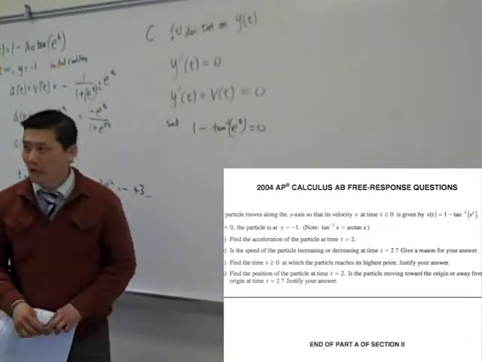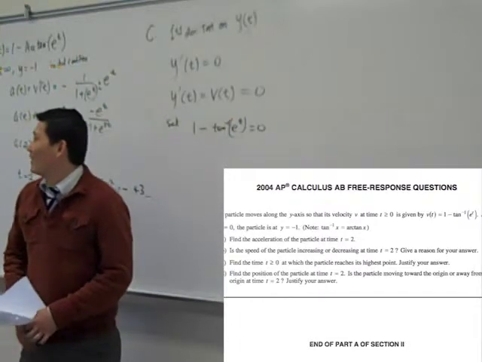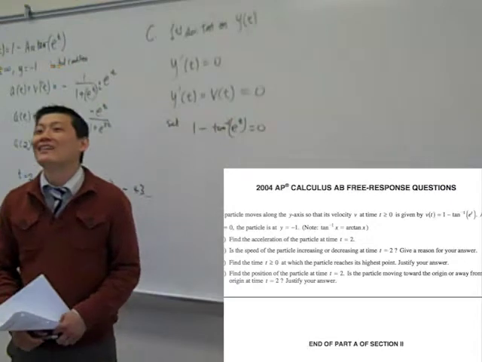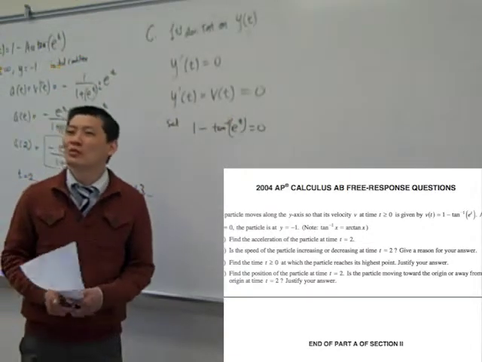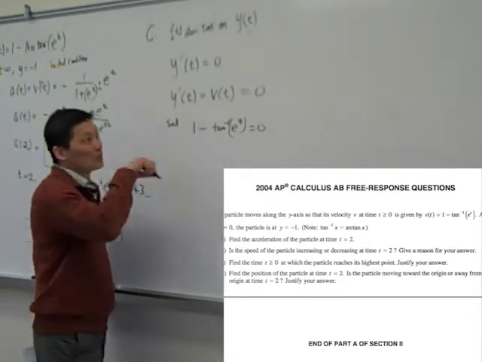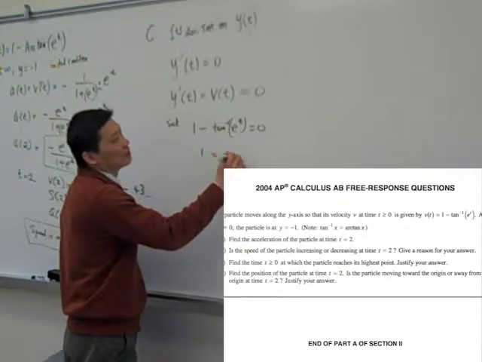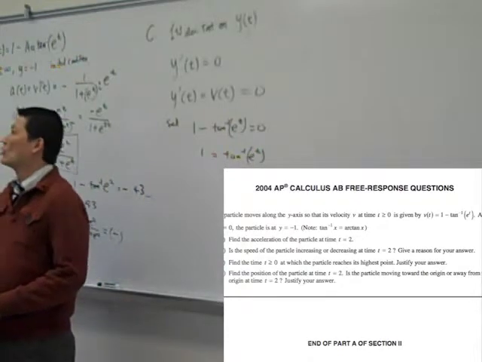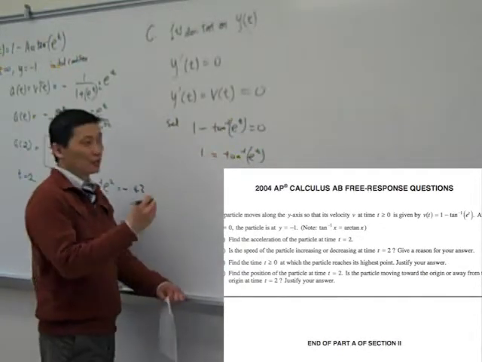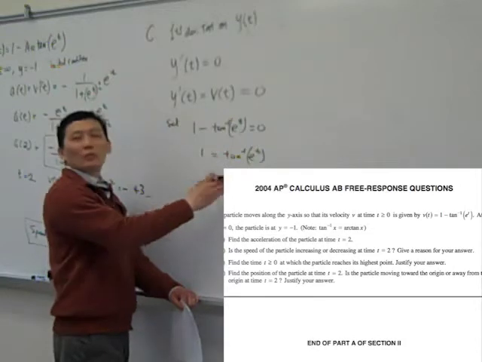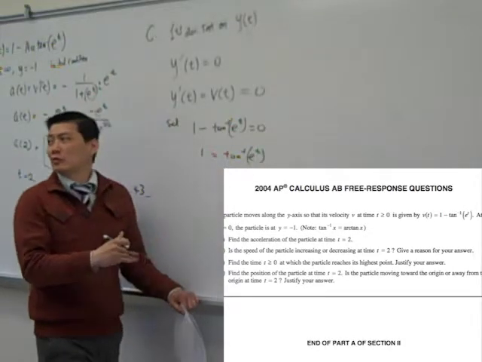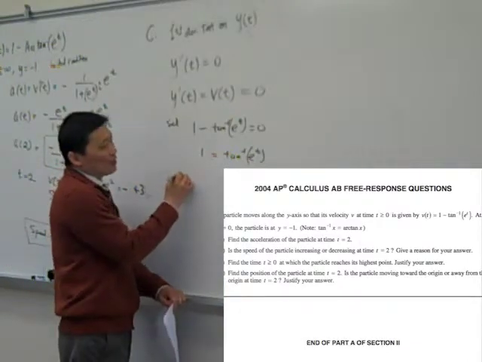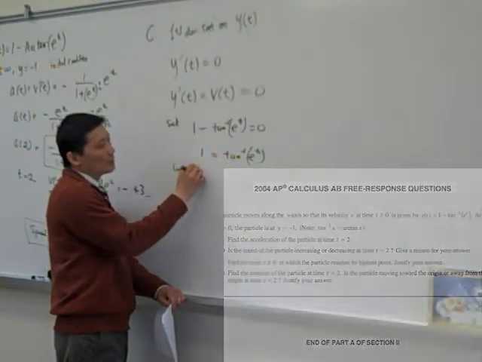So how do I find out what this answer is? Yeah, calculator. There are two different ways to do this. You can set it this way: 1 is equal to inverse tangent e to the t. Basically, you're asking at which point 1 and inverse tangent e to the t meet. So use your calculator.